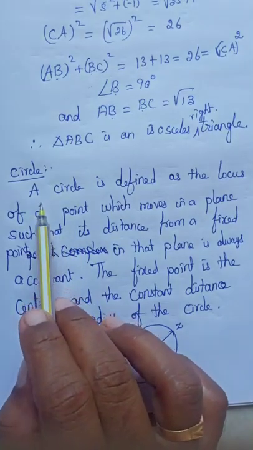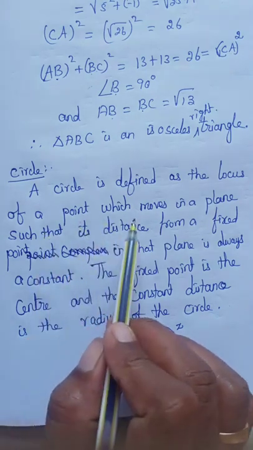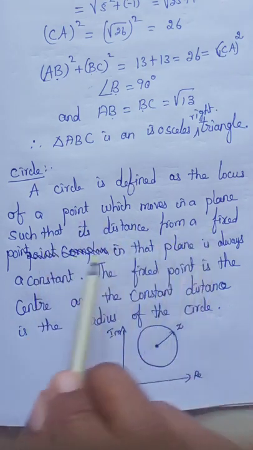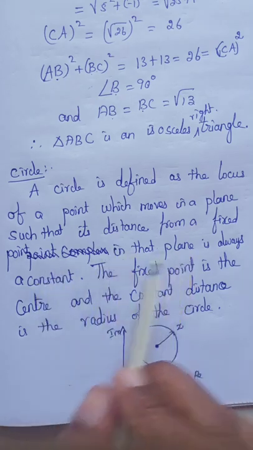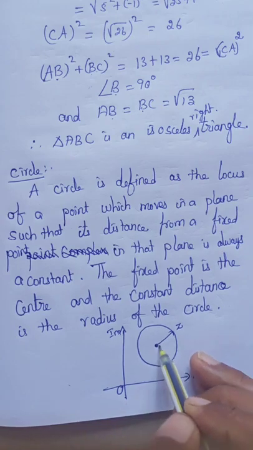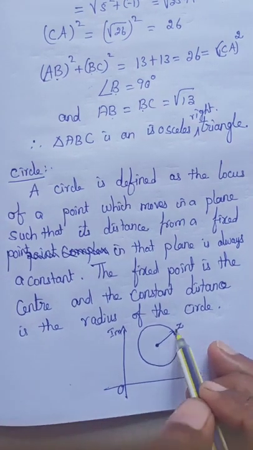Listen, a circle is defined as the locus of a point which moves in a plane such that its distance from a fixed point in that plane is always constant. See, a fixed point is there with a common distance.